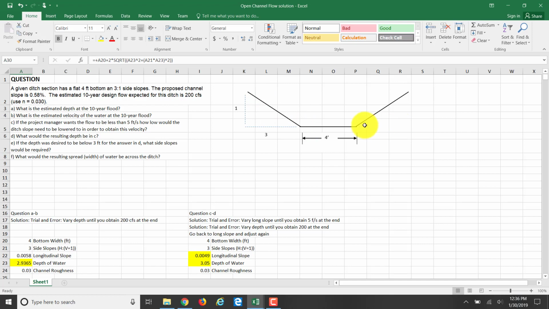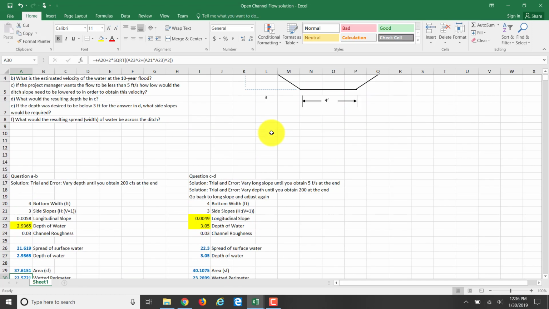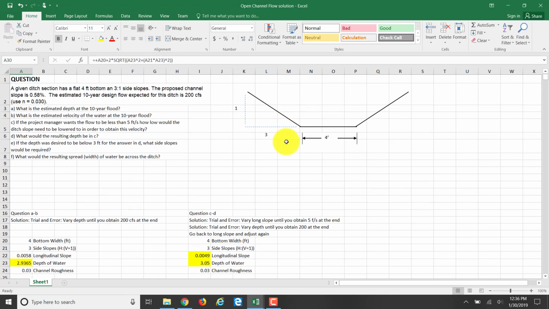I need to calculate what the length of this is for that depth of water. And so I'm coming over here, I have the square root of a squared, which is the depth of the water, plus b squared, which is the side slopes, times the depth of the water. That squared, those 2 items are added together, and I have the square root of that. That's going to give me the length over on these both sides.